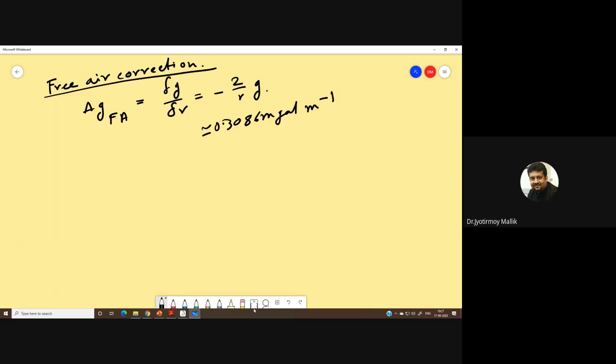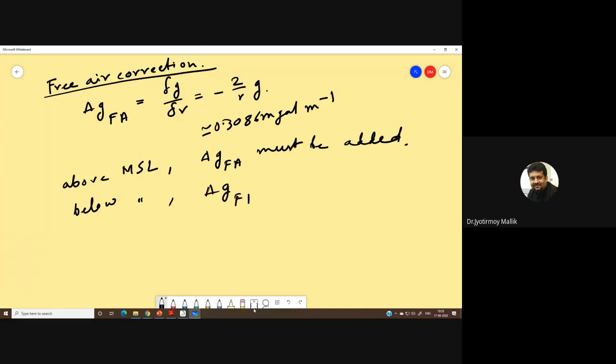Okay, and we said that above MSL, I mean in the onshore, delta G FA must be added, and below MSL, delta G FA must be subtracted.